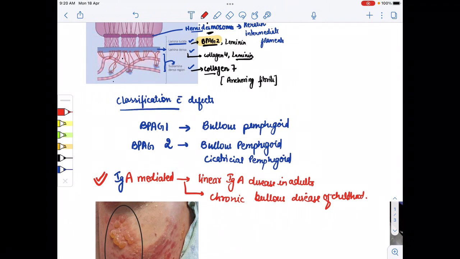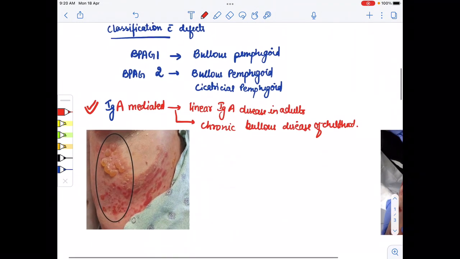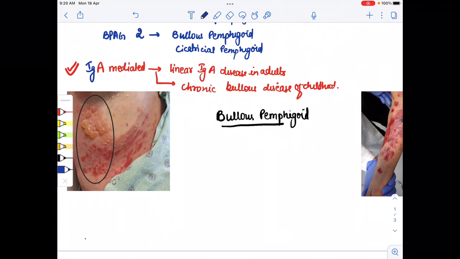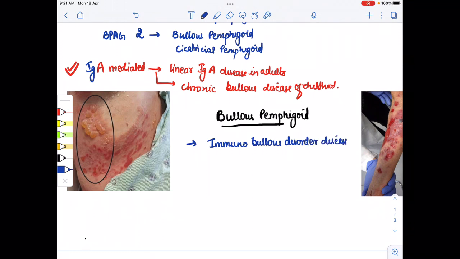Now we have the bullous pemphigoid group. Some points we already know: it is an immunobullous disorder disease, and it involves the subepidermal layer, meaning below the epidermis.